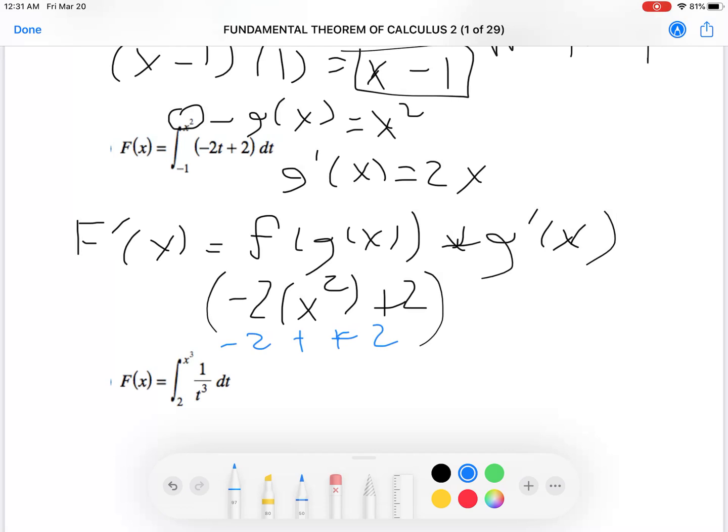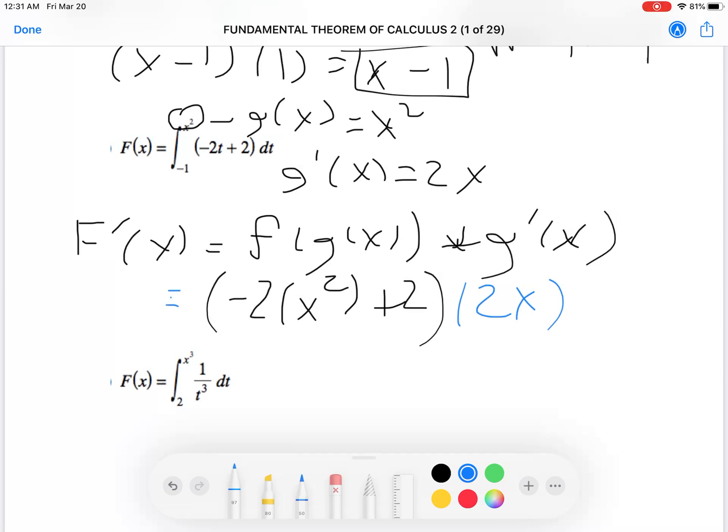This is just like evaluating a composition of functions in an Algebra 2 class. And then we just multiply this by that g prime of x. Fortunately, we already did our scratch work for g prime of x, so I would just multiply that by 2x. This is the correct application of the fundamental theorem of calculus 2.